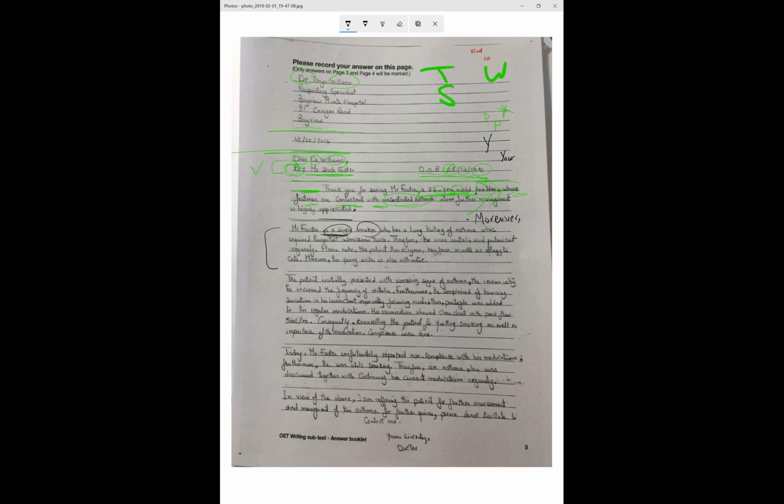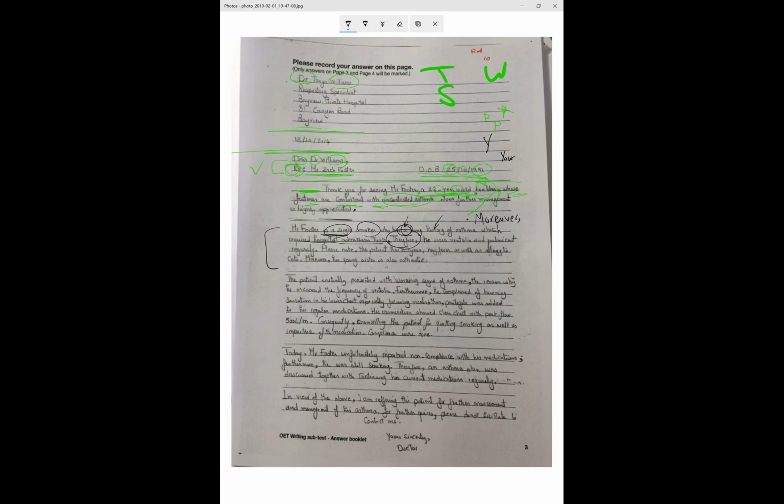Mr. Foster is a smoker who has a long history of, keep in your mind that history will take an article, a long history of asthma, which required hospital admission twice.